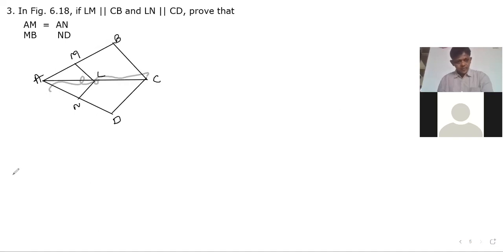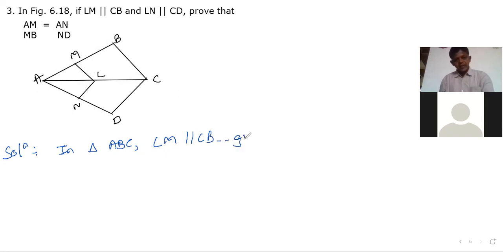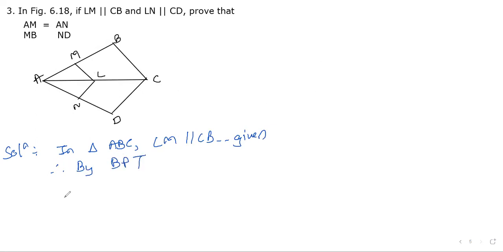Don't waste the time. So solution I'm writing. Handwriting may not be good. In triangle ABC, LM parallel CB given. Therefore, by BPT, AM upon MB is equal to AL upon LC, equation 1.